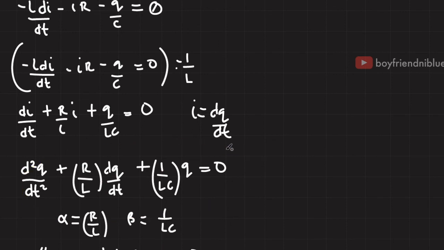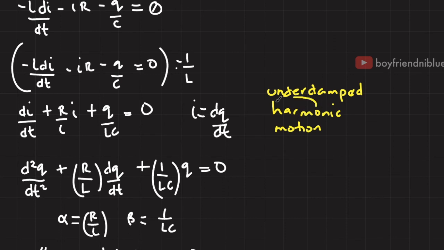And that would be the solution of this expression. When you derive the solution of this equation, you will have two cases of solution. The first one is underdamped harmonic motion. Harmonic motion is a motion that has a restoring force, and this restoring force is proportional to the displacement.